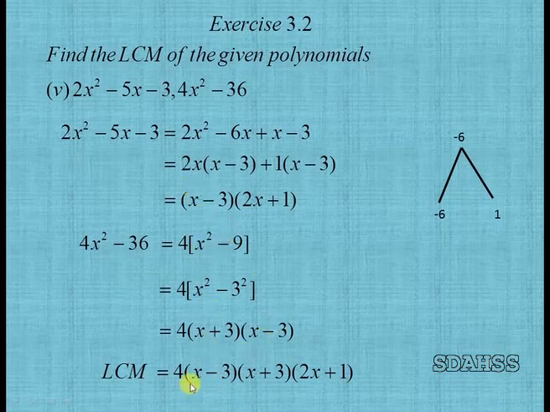Write the common factor first and then write the remaining left out terms. Don't omit any factors, you have to write everything. So here x - 3 is a common factor, and the remaining factors are 2x + 1 and 4 into (x + 3).